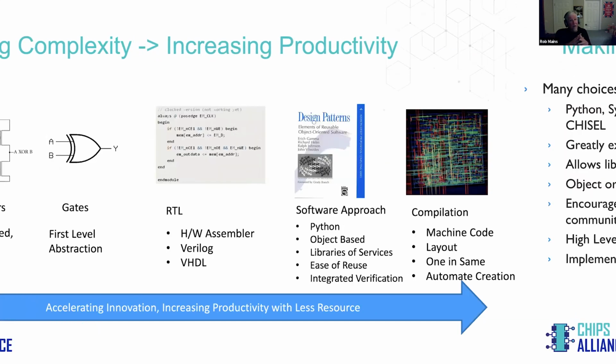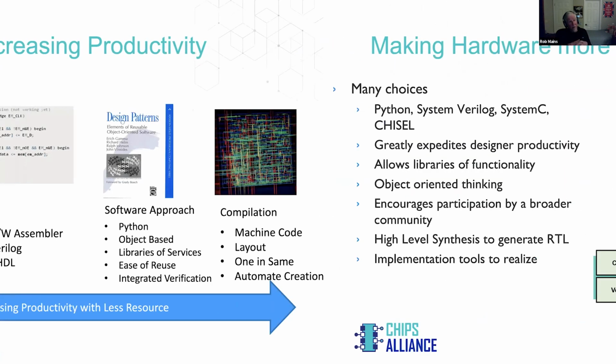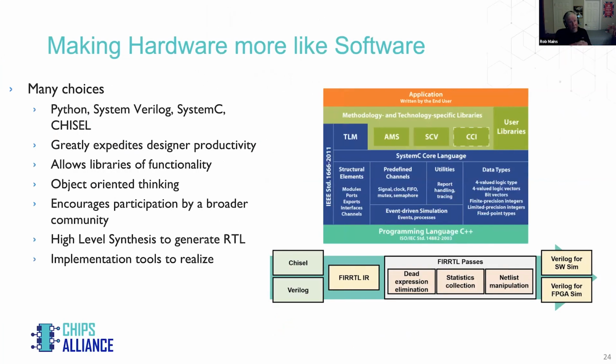So again, the theme here is to make hardware more like software. This really is part of the democratization process of hardware design. It's basically to encourage others to participate in it, make it fun, if you will, to help alleviate the fear of failure. So by providing different types of languages, whether they be Python, SystemVerilog, SystemC, or Chisel, it really helps expand designer productivity.